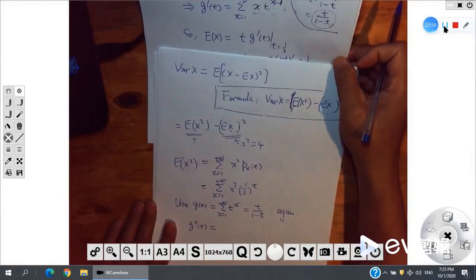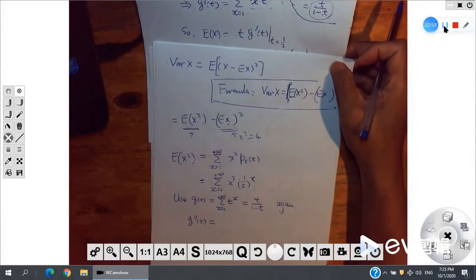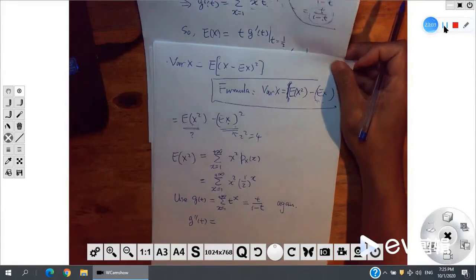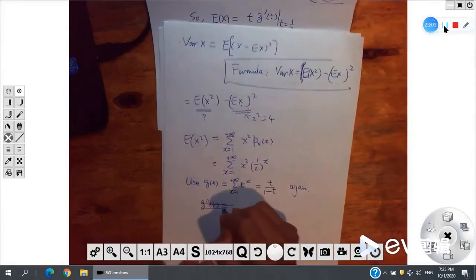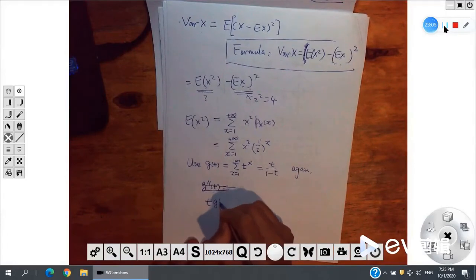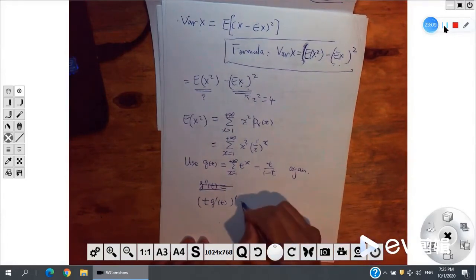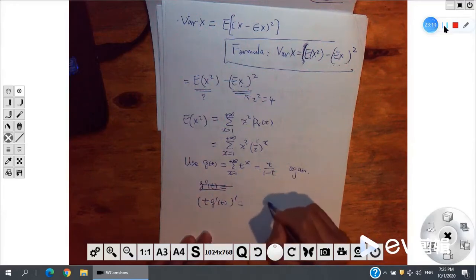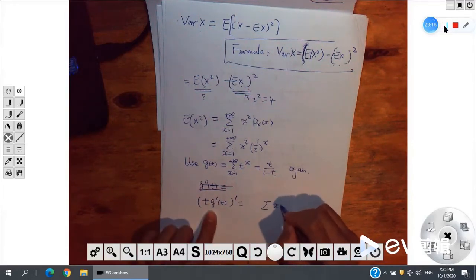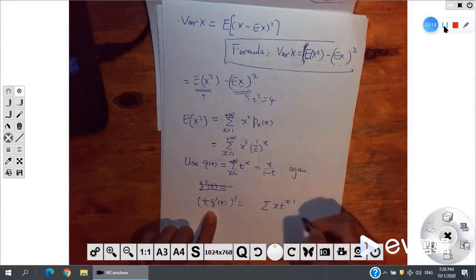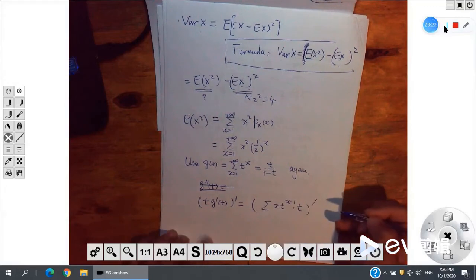I use t times g prime of t, and then the derivative again. For g prime, I have x times t to the x minus 1, and I multiply by t, and then take the derivative again.